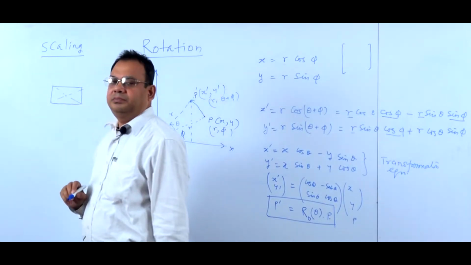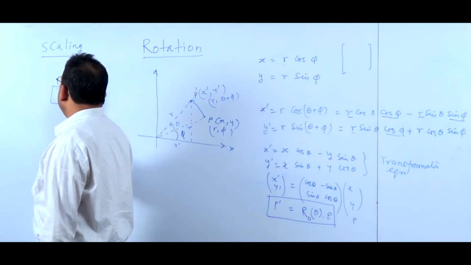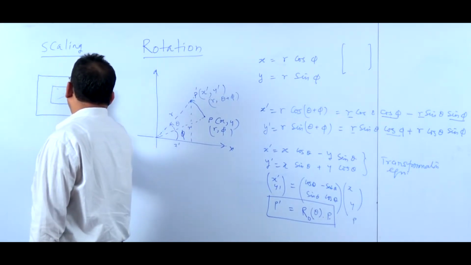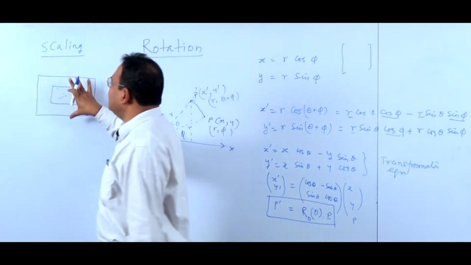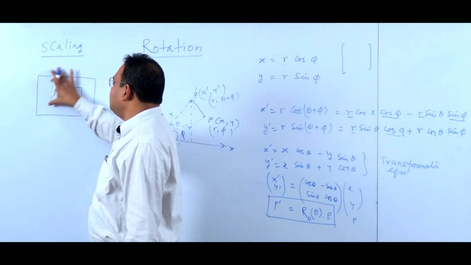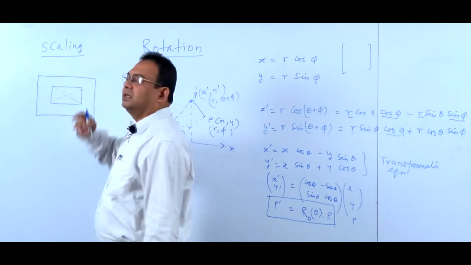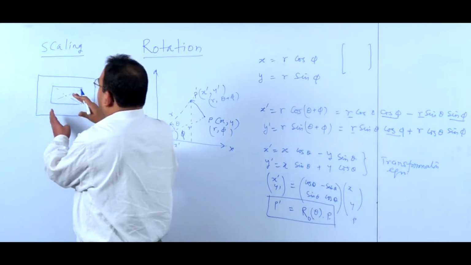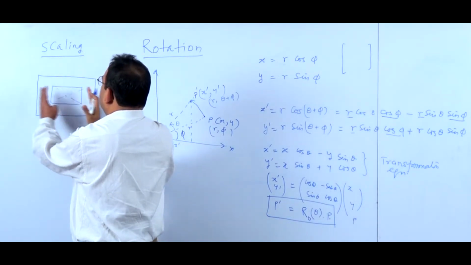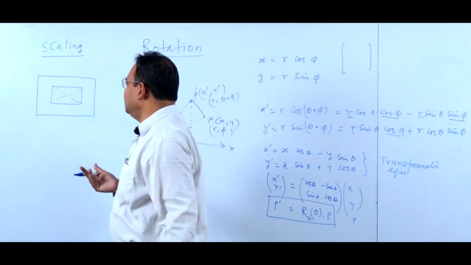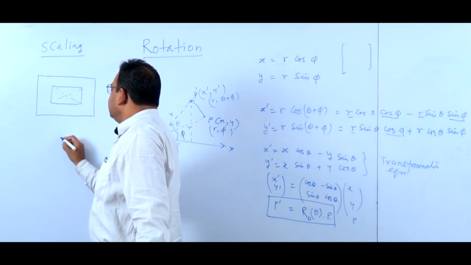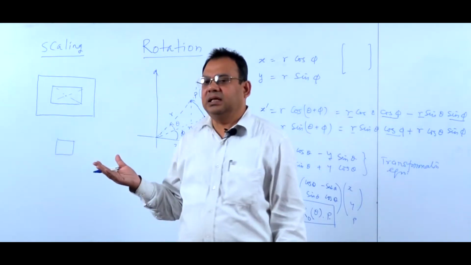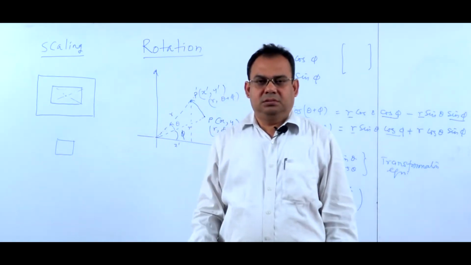What happens if we try to enlarge it? Then the shape will be something like this. The size is enlarged, but after the transformation the rectangle remains a rectangle. Or it may happen that if the amount of change along y and along x are different, then this rectangle is changed to a square. So in case of scaling, both are possible.